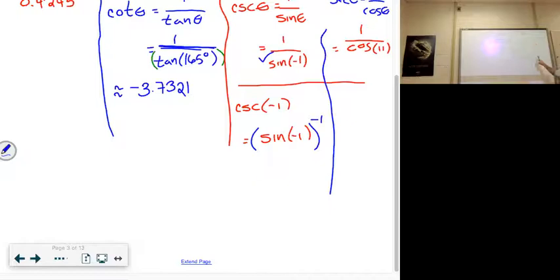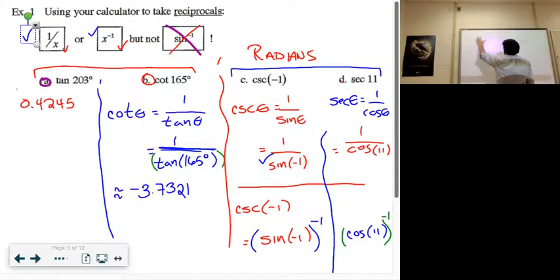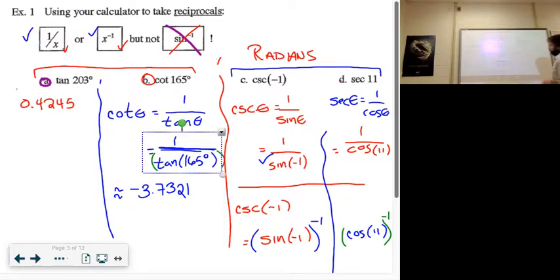And over here, you can do the same thing with the cosine of 11, and then you'd take the reciprocal to the negative first there. It really just depends on your calculator settings. Either this is going to be on your calculator or that is going to be on your calculator. But if all else fails, you can always just divide 1 by that value, and it'll get you to your answer.